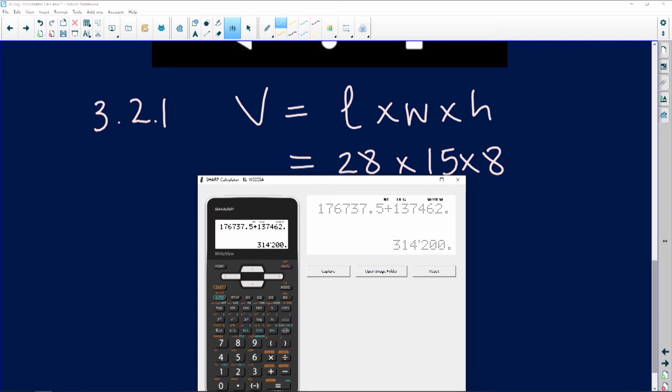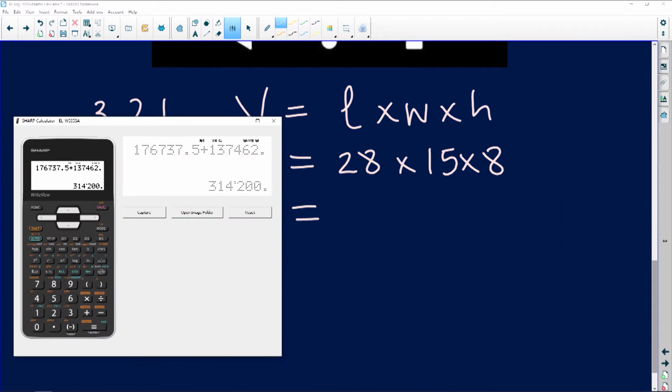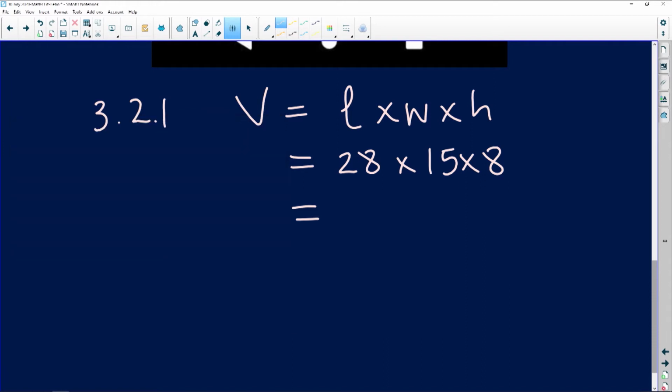So let's just move it to the side over there. 28 times 15 times 8, again a nice big number, 3,360. 3,360 cubic centimeters is the volume in this particular case.